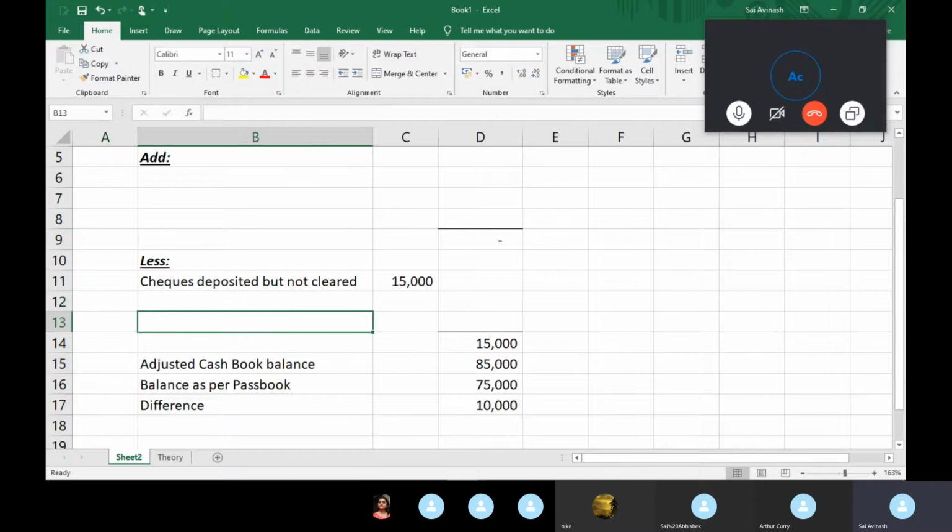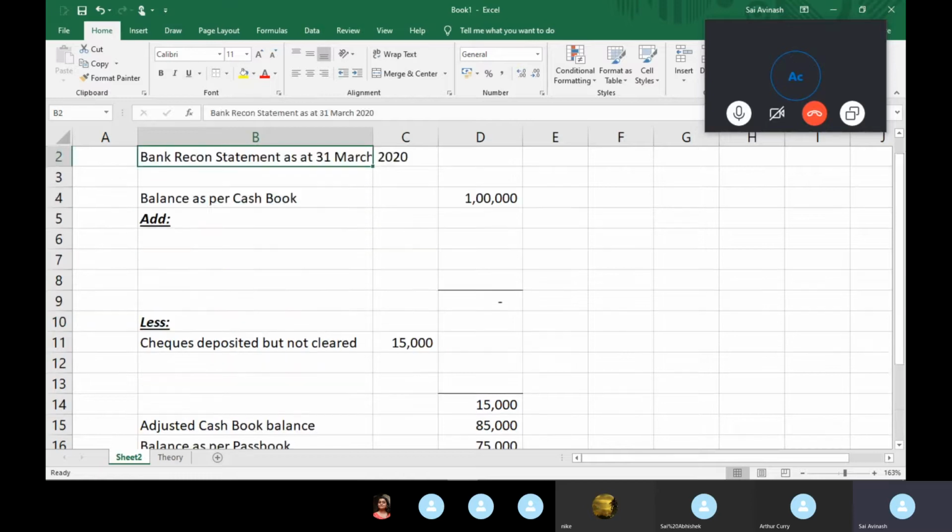The passbook will have an increased balance, but I will simply not have recorded that income, which means my cash book's value would be lesser, but the bank's passbook value would be greater because they have credited the interest, right? The savings bank account interest or current bank account interest, but I would not have correspondingly recorded that, which means my bank balance will be higher.